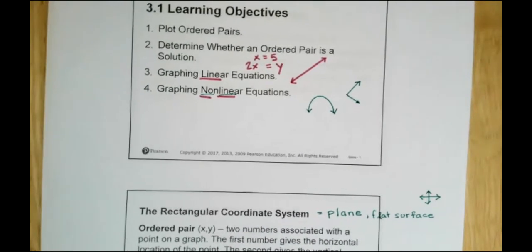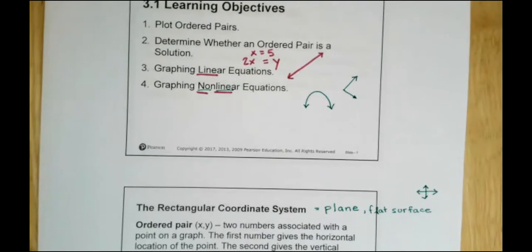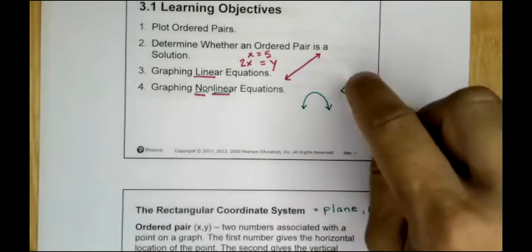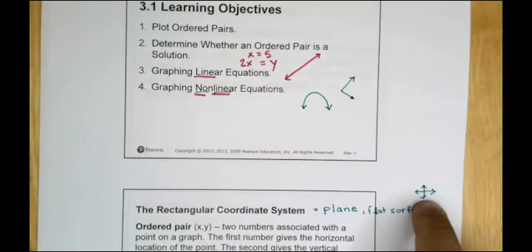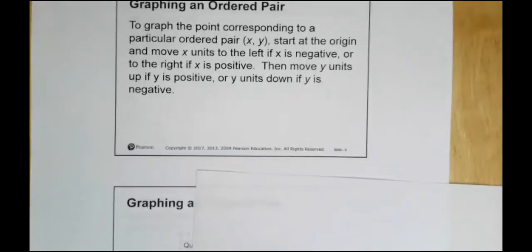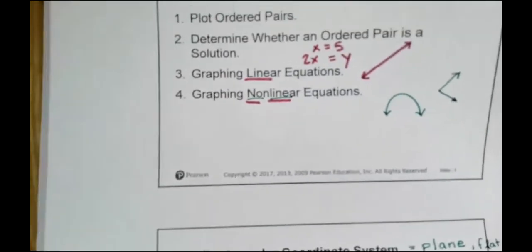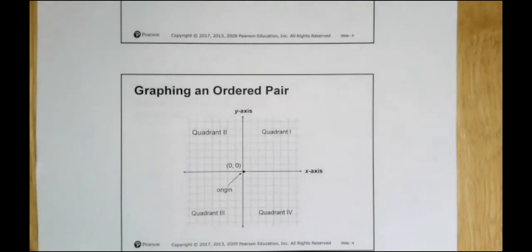Graphing just means finding a location on the plane, right? So if I'm graphing linear equations, it means I'm taking that line and I'm putting it onto this plane, okay?